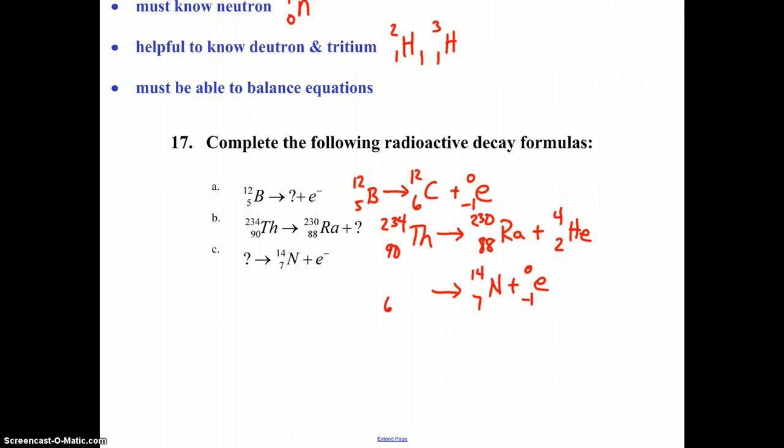And 14 plus 0 gives us a mass number of 14. So we know that that's carbon by the fact that it has an atomic number of 6. So this is an isotope of carbon. Carbon 14 decays naturally into nitrogen 14 plus a beta particle.